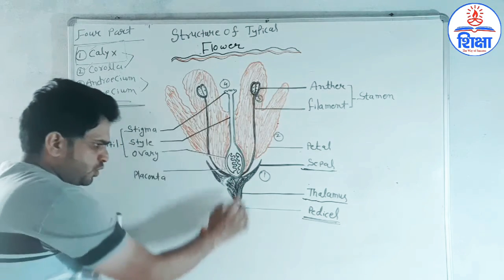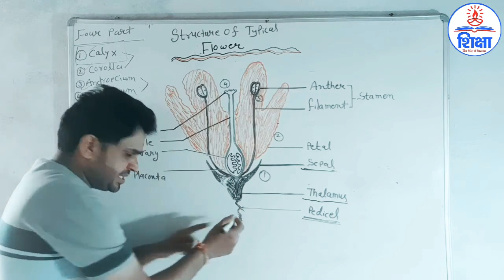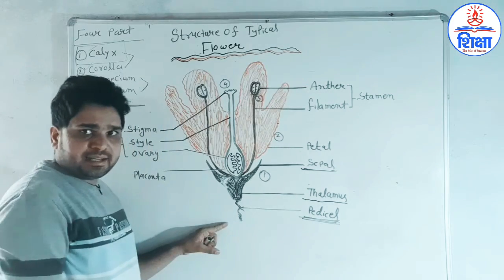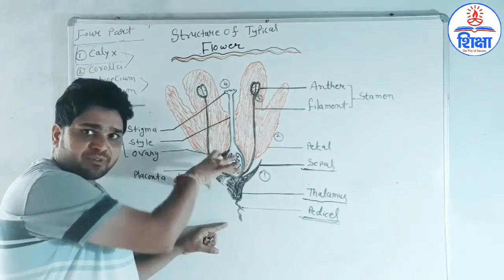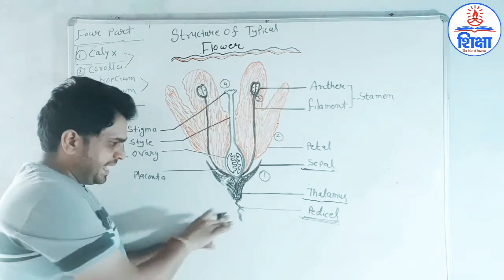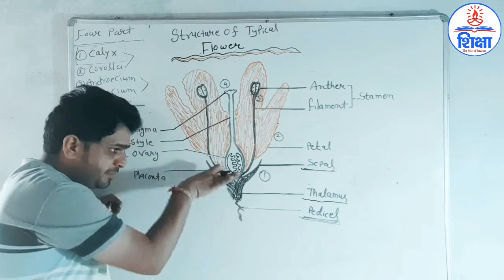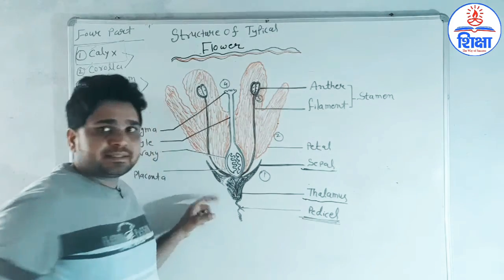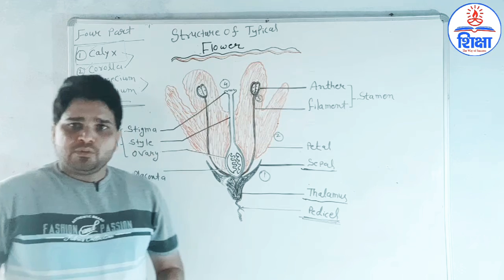Structurally, the stalk-like structure which is attached to the plant is called pedicel. Generally, the pedicel attaches the flower to the plant, and just above the pedicel is a swollen structure called thalamus. Students, what is thalamus?